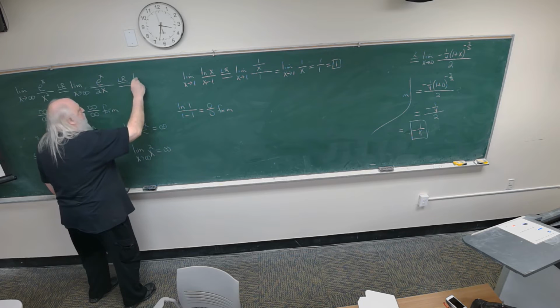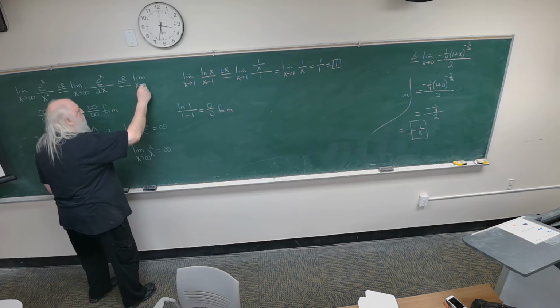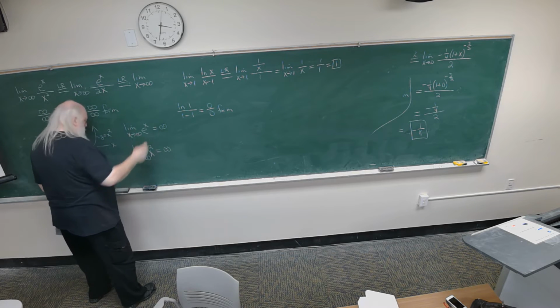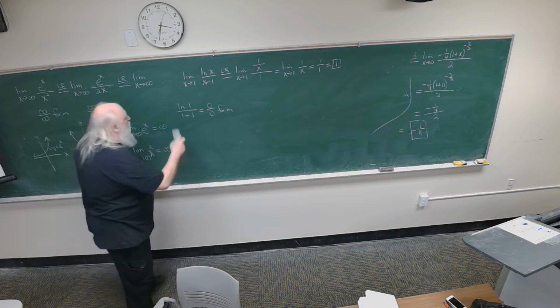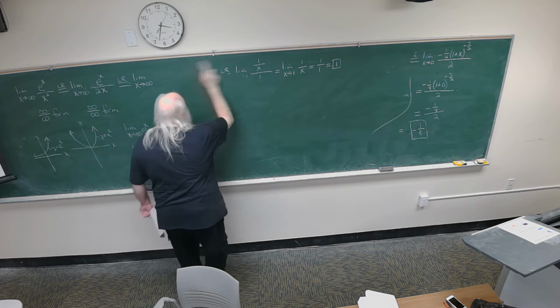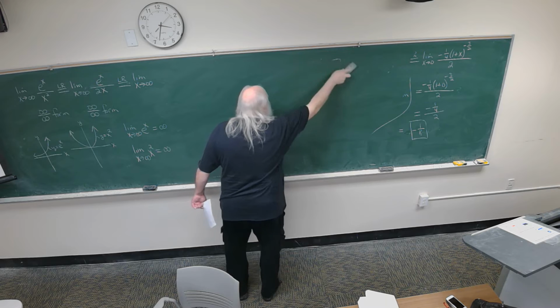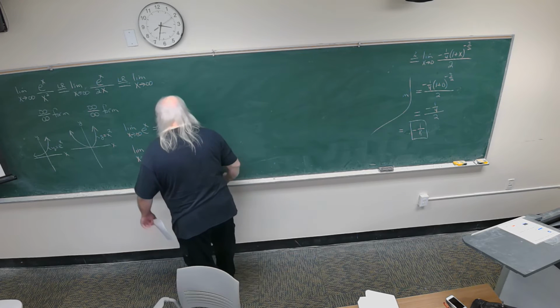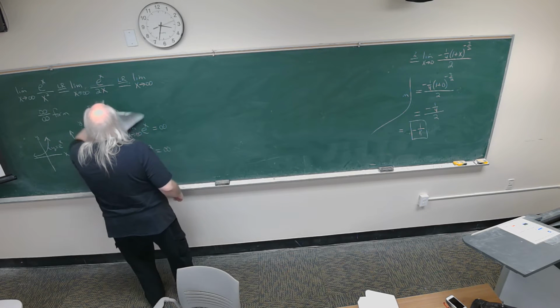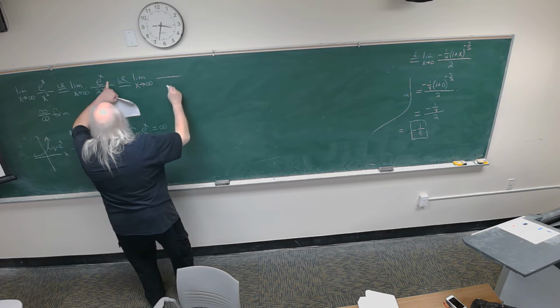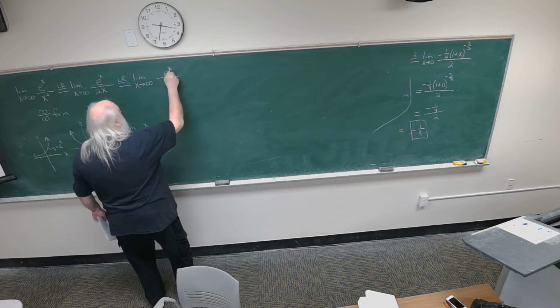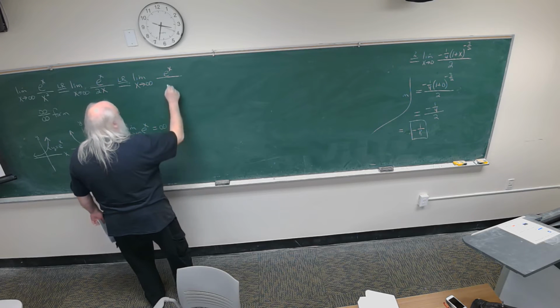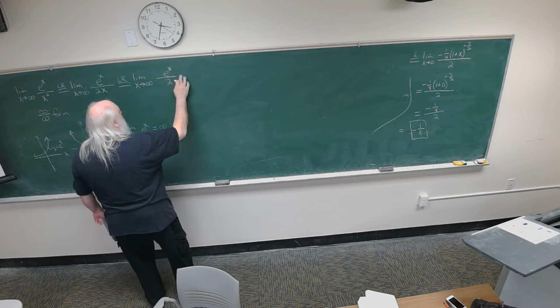So we have the limit as x increases without bound. The derivative of e to the x is e to the x, and the derivative of 2x with respect to x is 2.